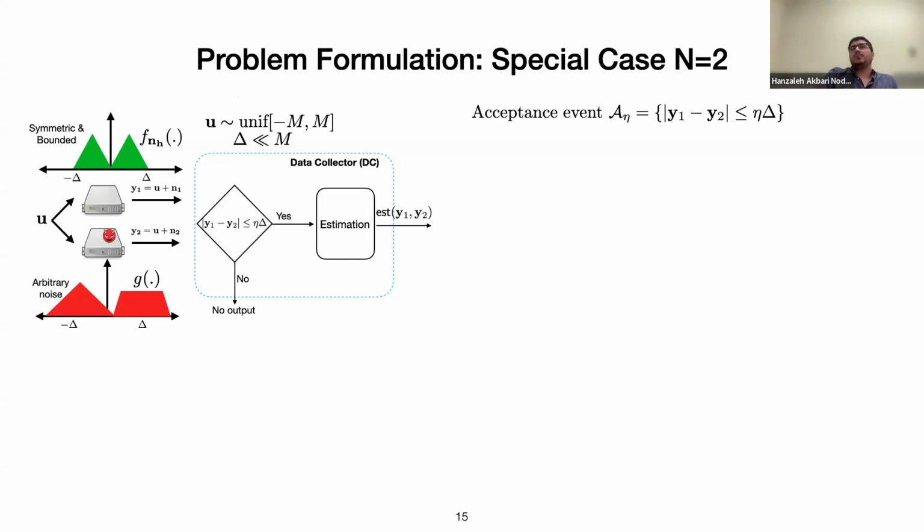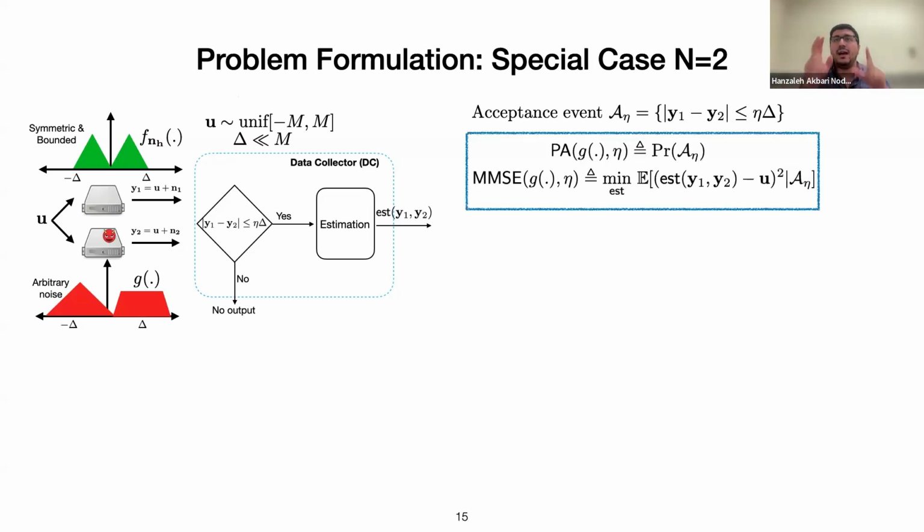So we have some important parameters here. First, let's define the acceptance event. And I think it's clear. The acceptance event is the case that the difference between y1 and y2 is smaller than the threshold, which is eta delta. We have two main and important parameters here. The first parameter is the probability of acceptance, the probability of liveness. It's showing the notion of the liveness of the system.